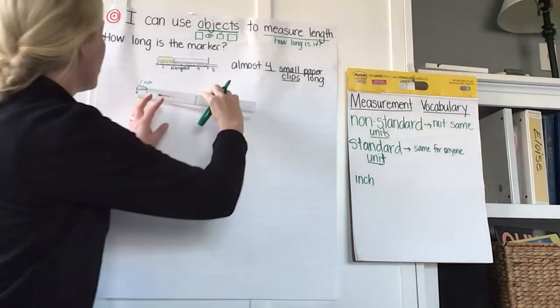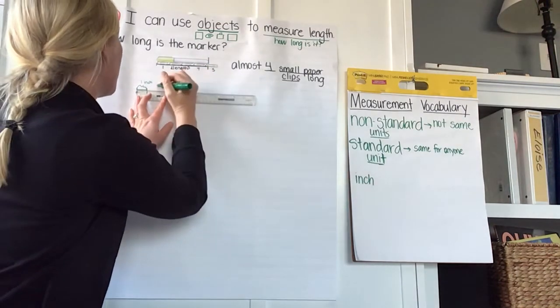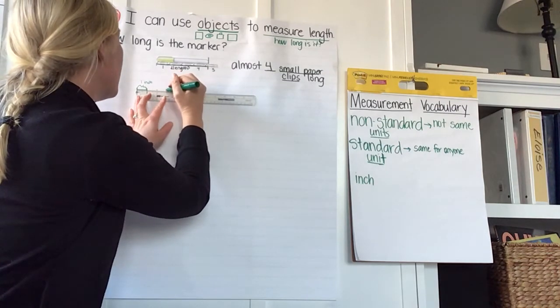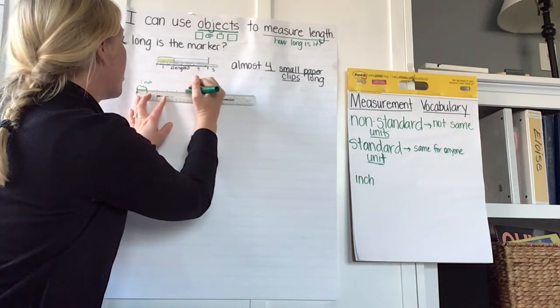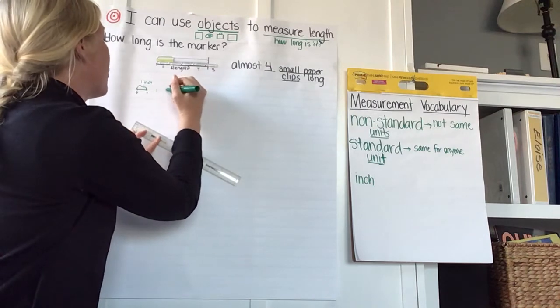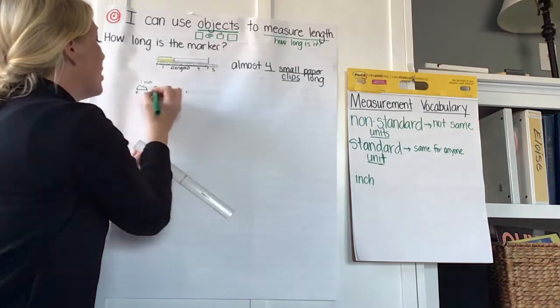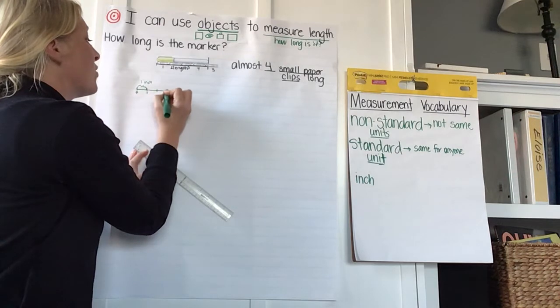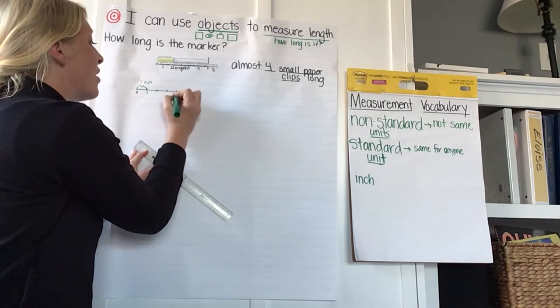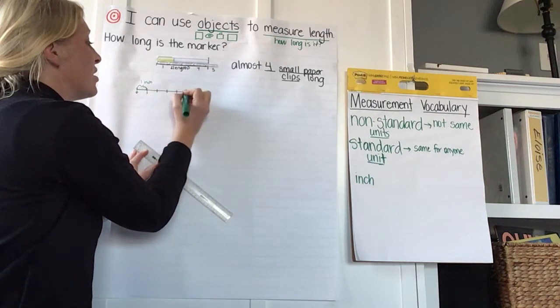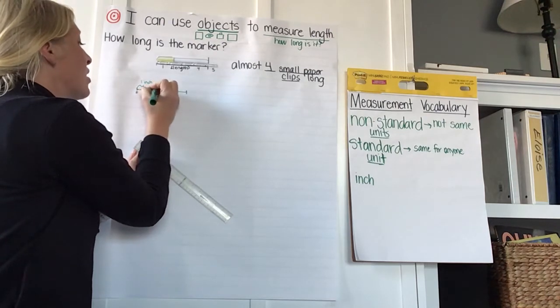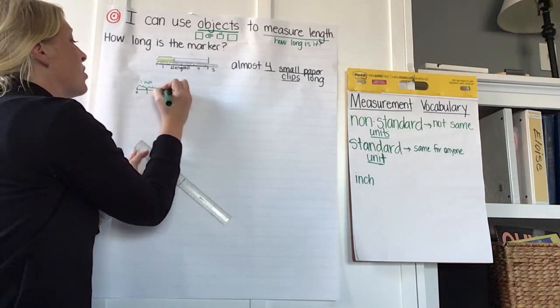And the same thing is true when you go between your 1 and your 2, your 2 and your 3, your 3 and your 4, and so on. Even though each of those numbers is on there, that's not where the inch is. Each inch is the space between.